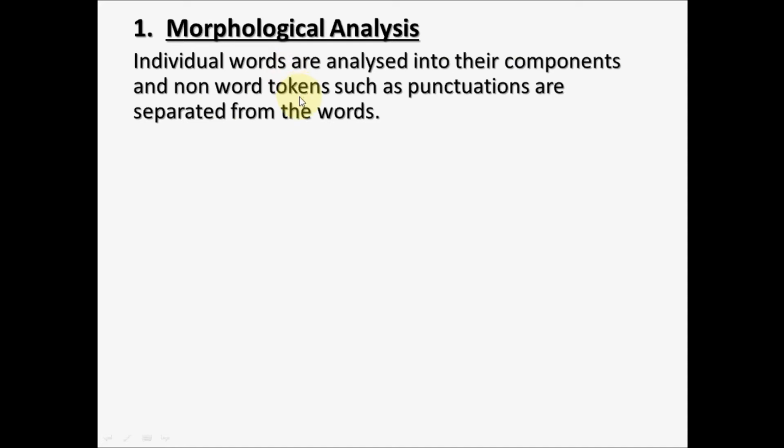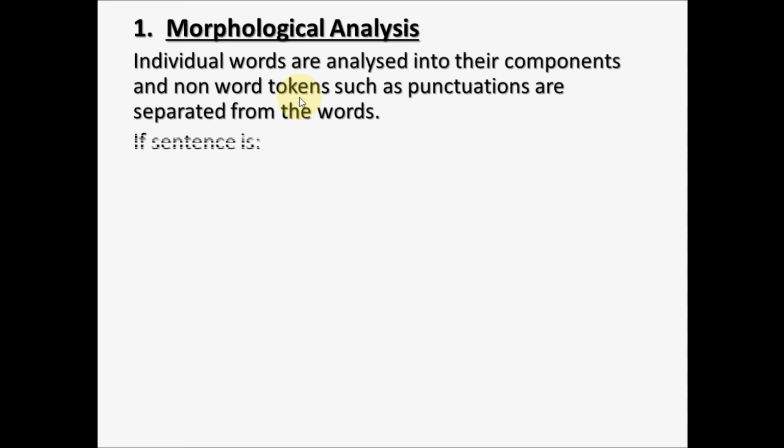Basically, these non-token words are nothing but commas, exclamation marks, question marks, quotes, or semicolons. All these are called non-tokens. Such non-tokens have to be first removed from the given statement, and the valid words which are there are called tokens. The process of removing the non-tokens from a sentence is called tokenization, which is one of the pre-processing steps of natural language processing. So morphological analysis basically involves removing these non-token words from the given sentence.